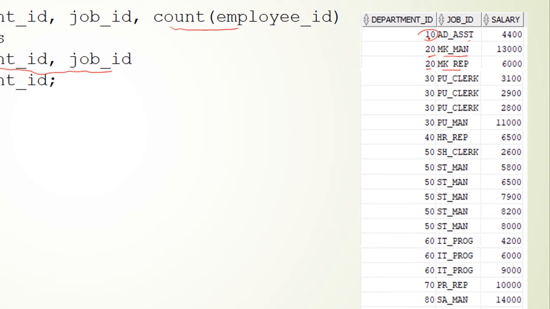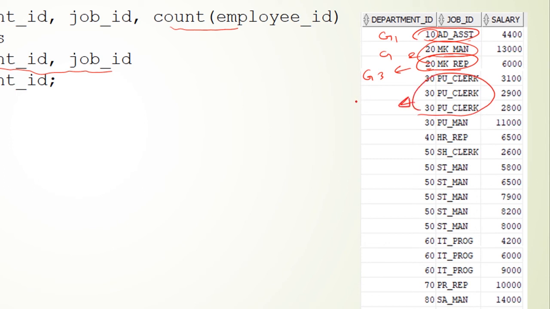In department 10, because there's only one record, this is group 1. Department 20, job ID MK man. Department 20, job ID MK rep. So this is group 2. This is group 3. In department 30, PU clerk, this is one group.